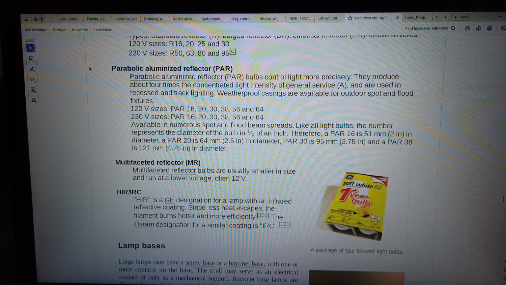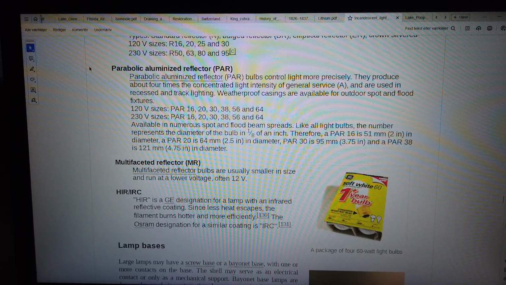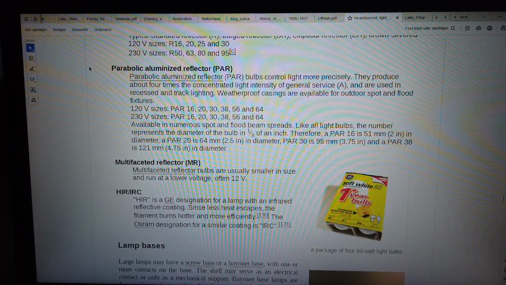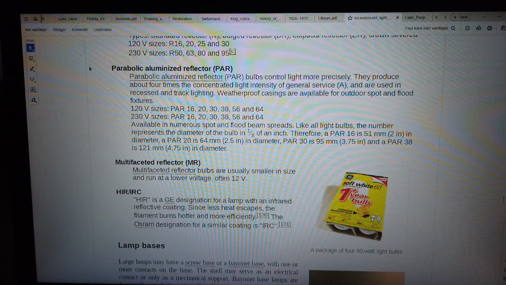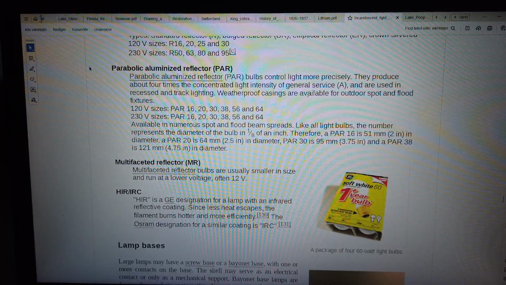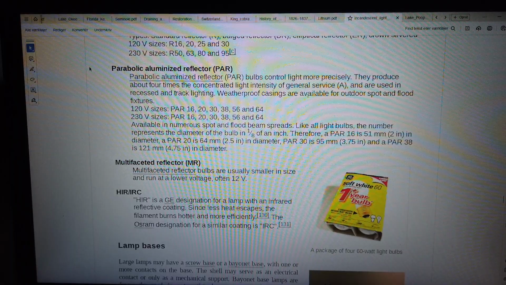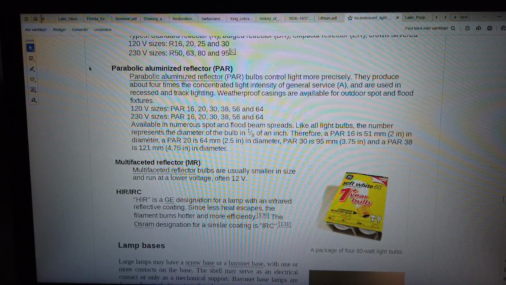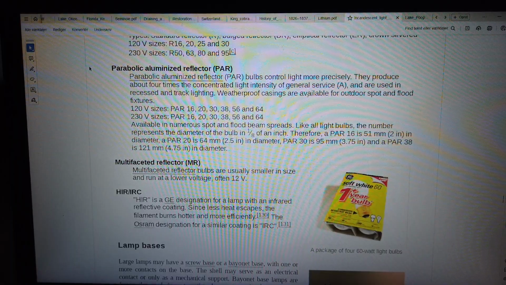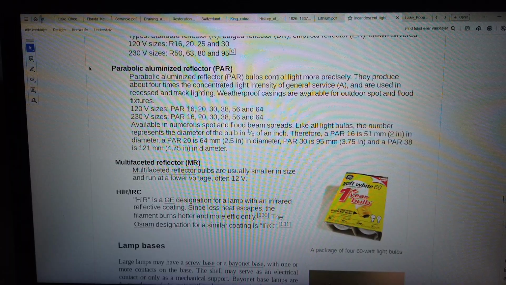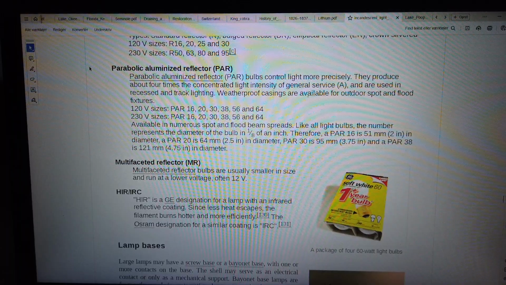Parabolic aluminized reflector, PAR, bulbs control light more precisely. They produce about 4 times the concentrated light intensity of general service, and are used in recessed and track lighting.